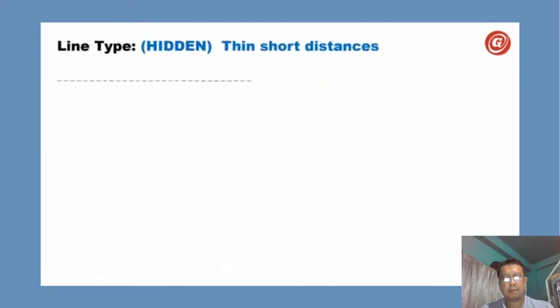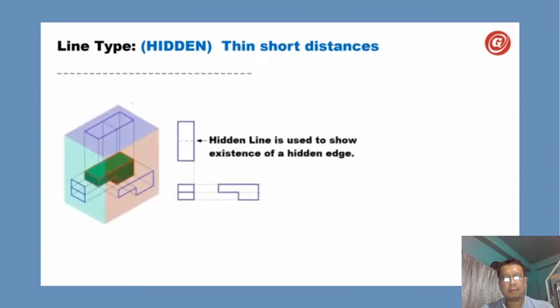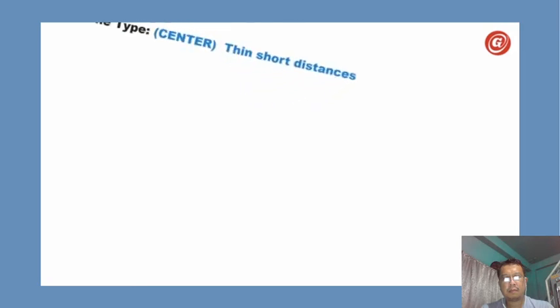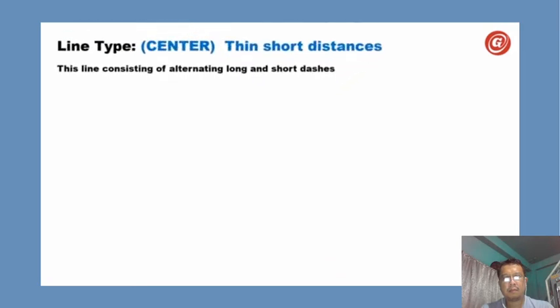Hidden line is indicated by thin short dashes with short distances in between. Hidden line is used to show the existence of a hidden edge. Center line. Center line is indicated by thin long dashes with short distances in between.